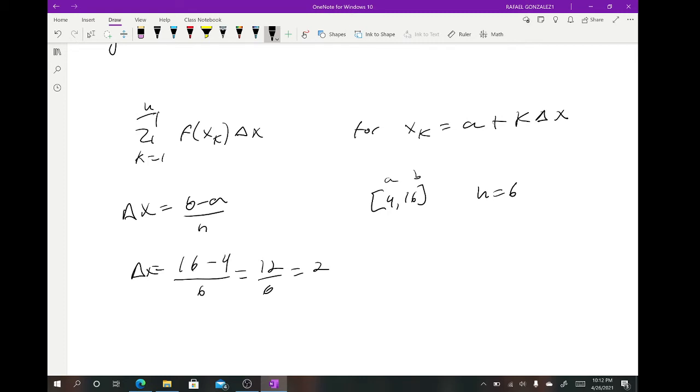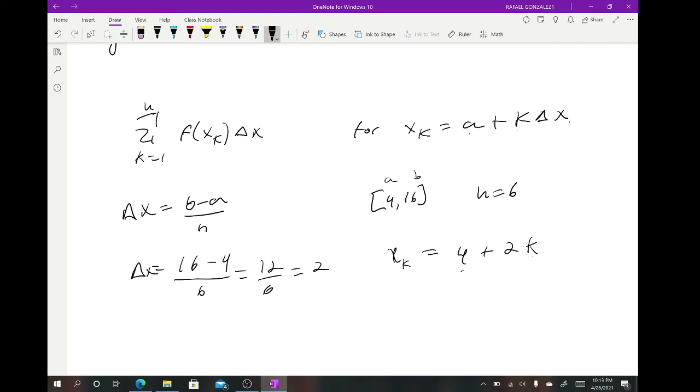Now, since we have the value of delta x and we have the value for a, by definition, xk is equal to 4 plus 2k. Why? Because a is 4 and delta x is 2. So it's 4 plus 2k.